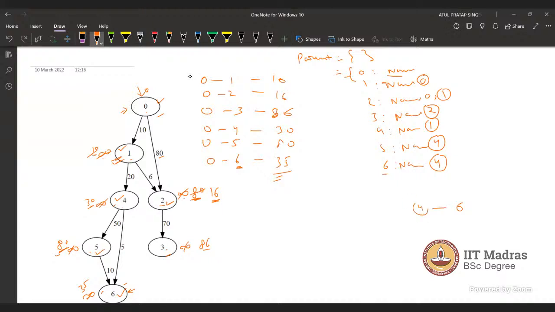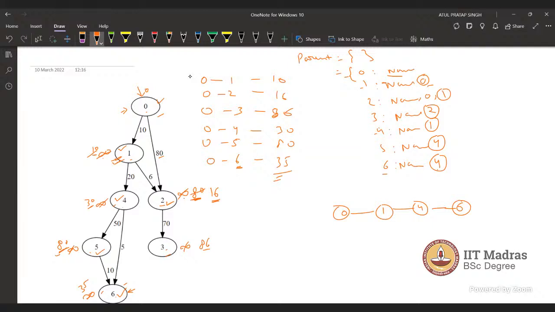This is 4. Okay, now we will check what the parent of 4 is. This is 1, and what the parent of 1 is, this is 0. Okay, so in the reverse way we can find out the shortest path for any node.